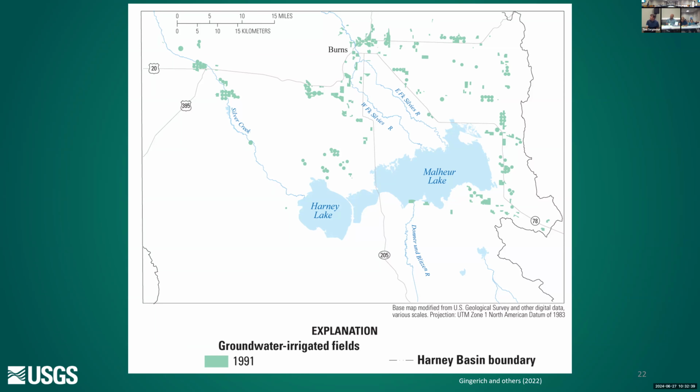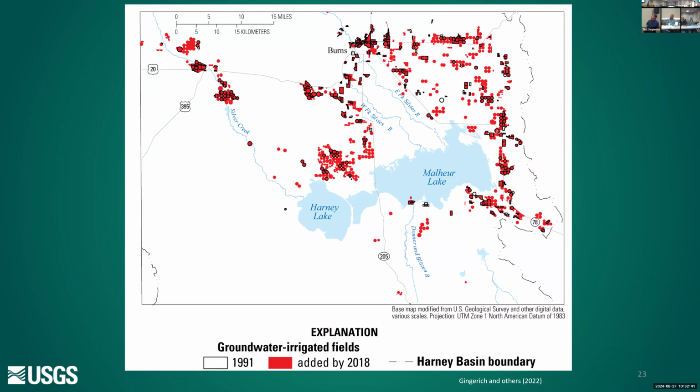And then as we moved forward through 2018, this shows the addition of groundwater irrigated fields. All the ones circled in black were there in 1990 or so, and then the red ones were added up through 2018. So this particular distribution goes into the model just as it occurs in real life.